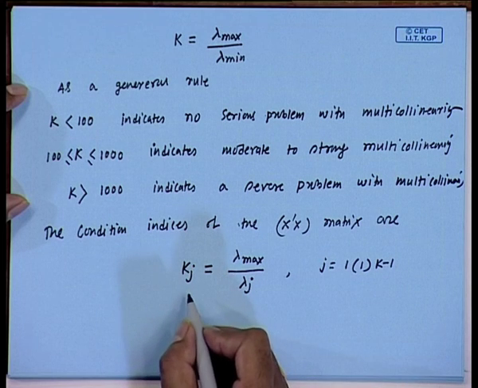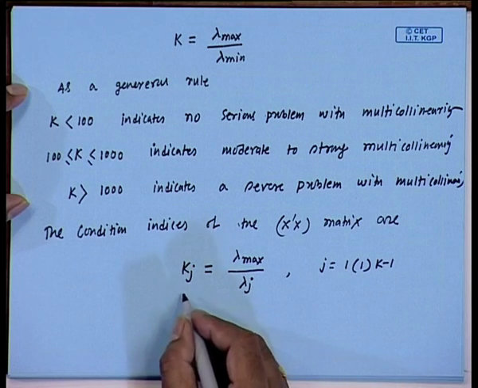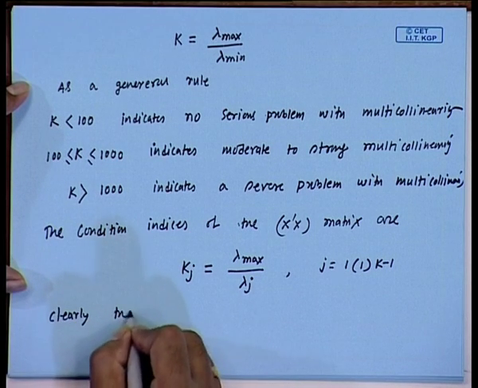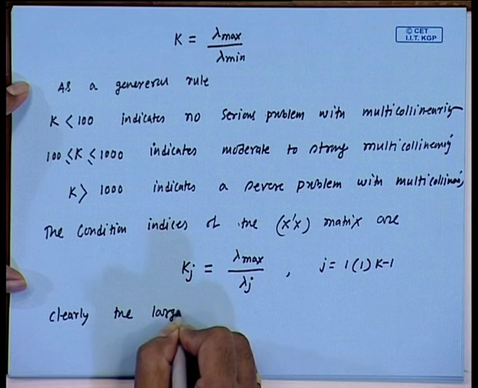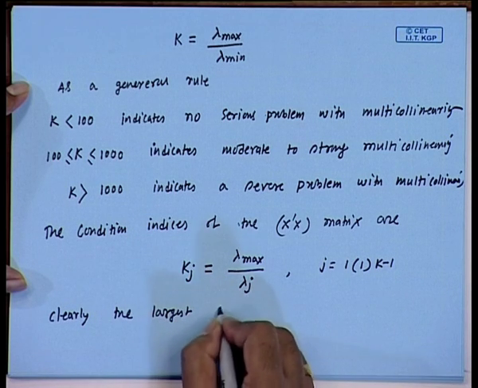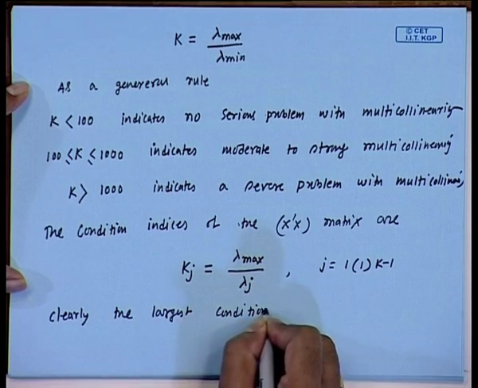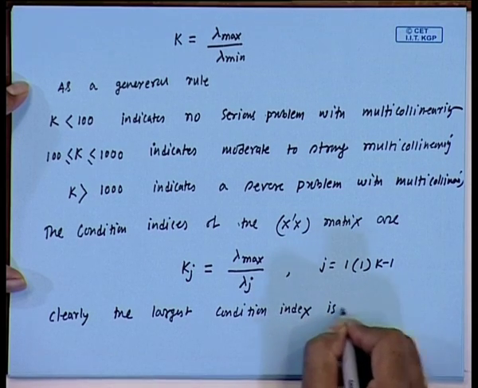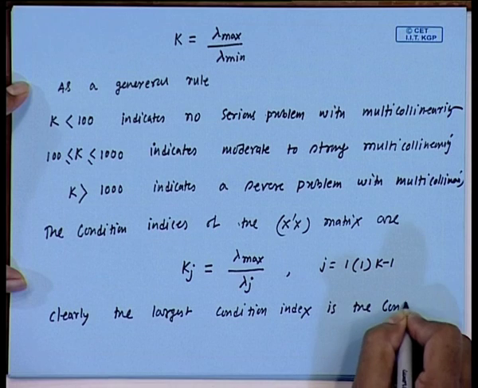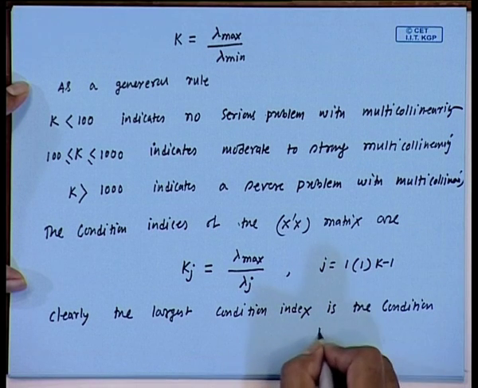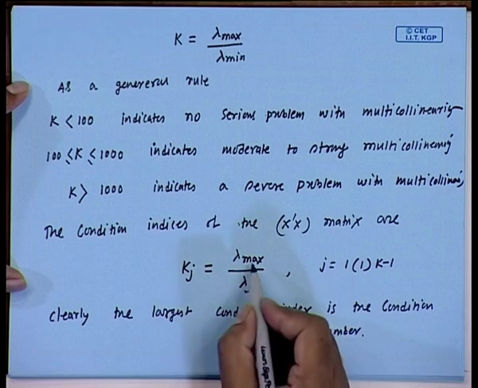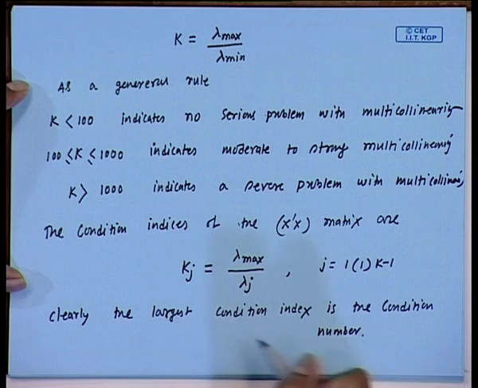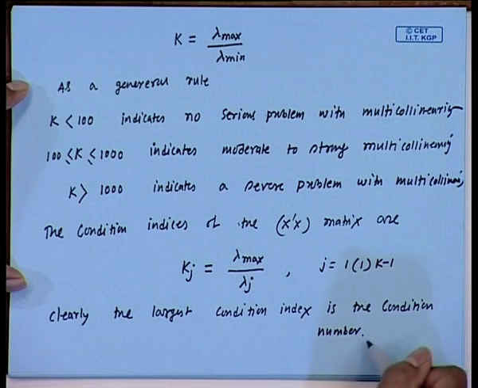And of course, clearly the largest condition index is the condition number. So, this will be large when lambda j is minimum, and that is nothing but the condition number. Okay.